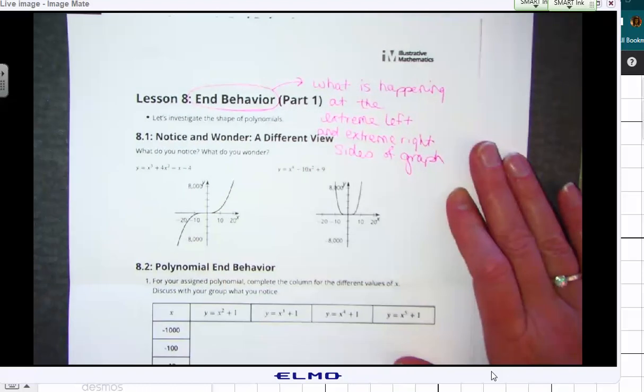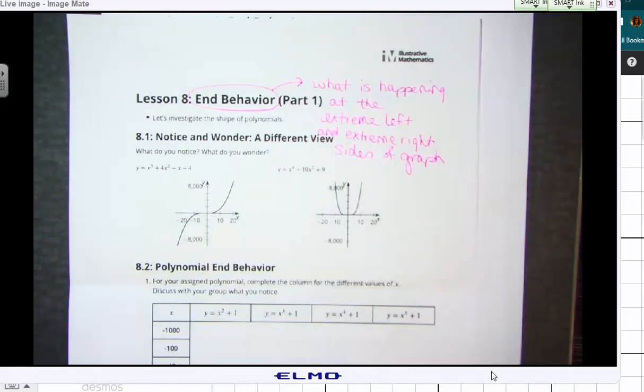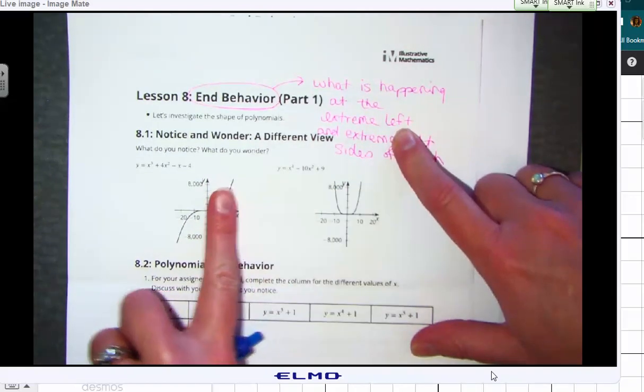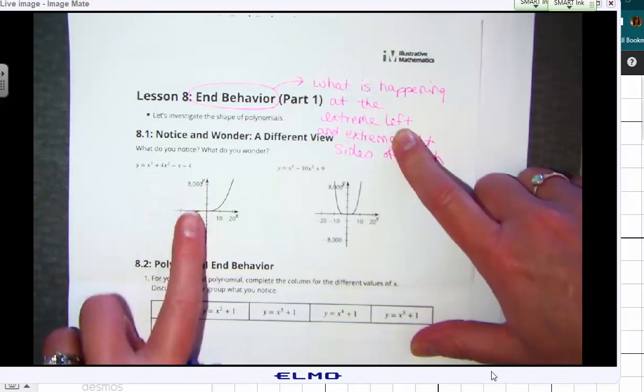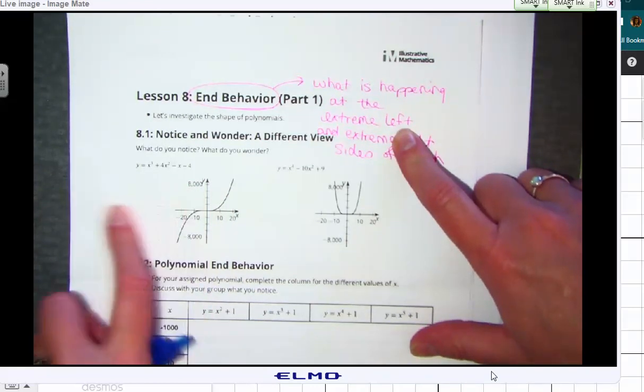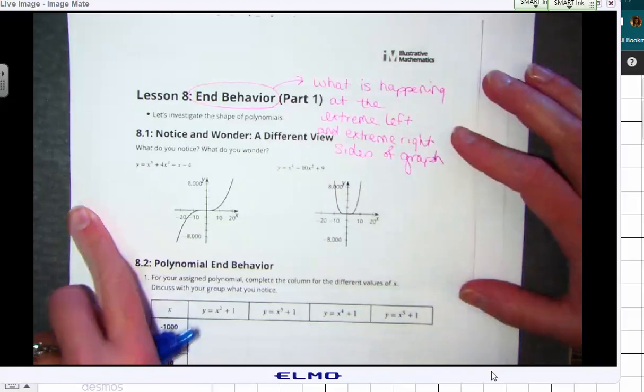Now you're going to see in your workbook, there's lots of different ways that we can also represent this. So if we're talking about everything to the extreme left side of the graph, we're thinking here to the left side, as our x gets smaller and smaller, or as it gets more and more negative, is what I should really be thinking here.